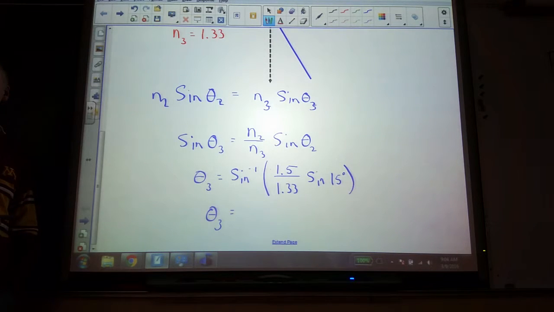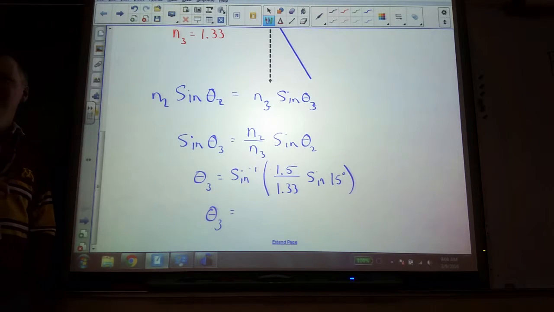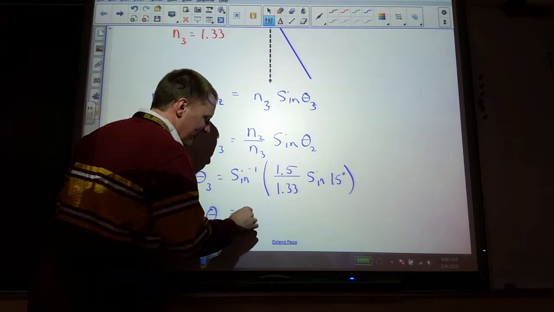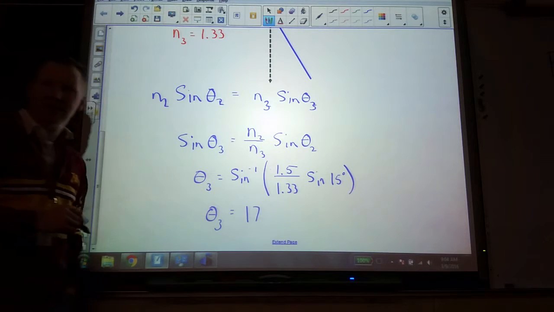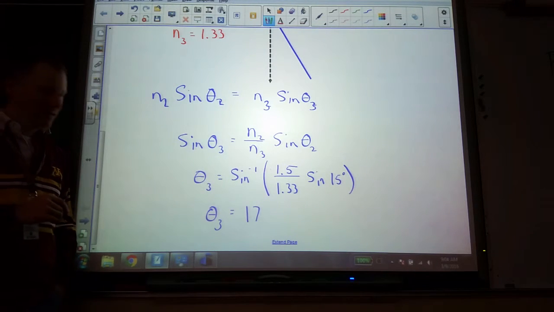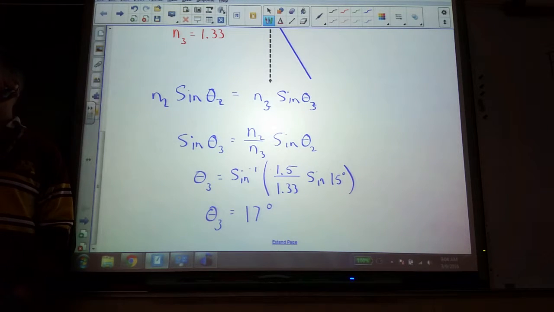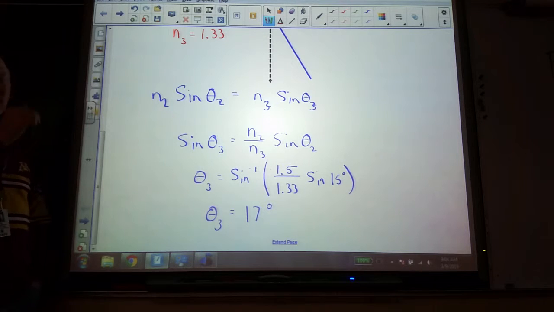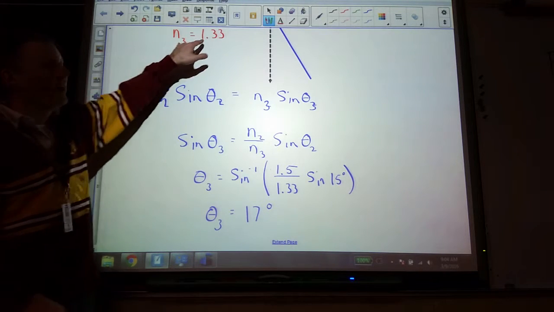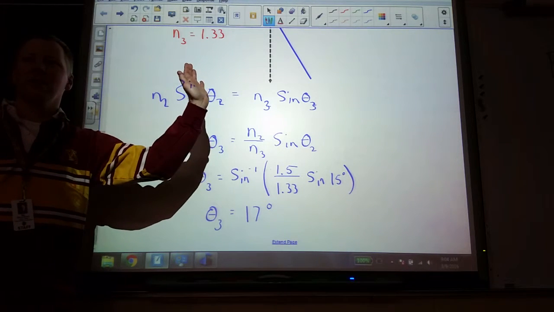Dang it, no, I expected. What'd you get, Troy? I got 16.97. So 17 degrees. We'll wait for someone to confirm. 17 degrees. So not a lot, but it did definitely move out. If it had been into air, which has an even lower index, it would have been that much farther.